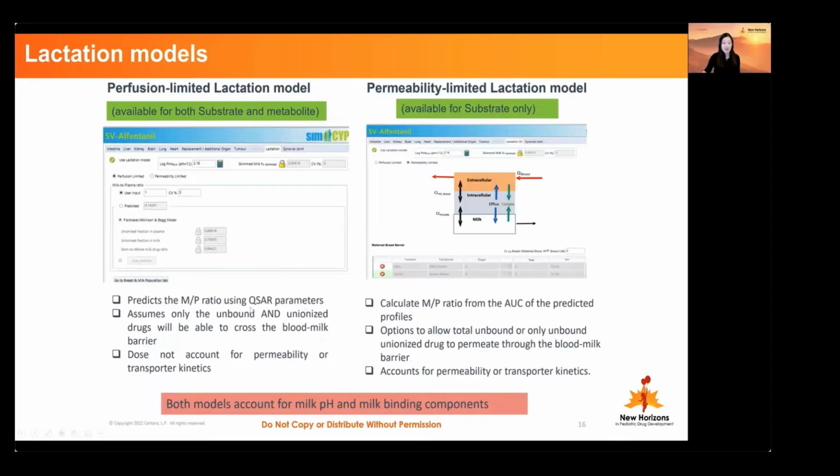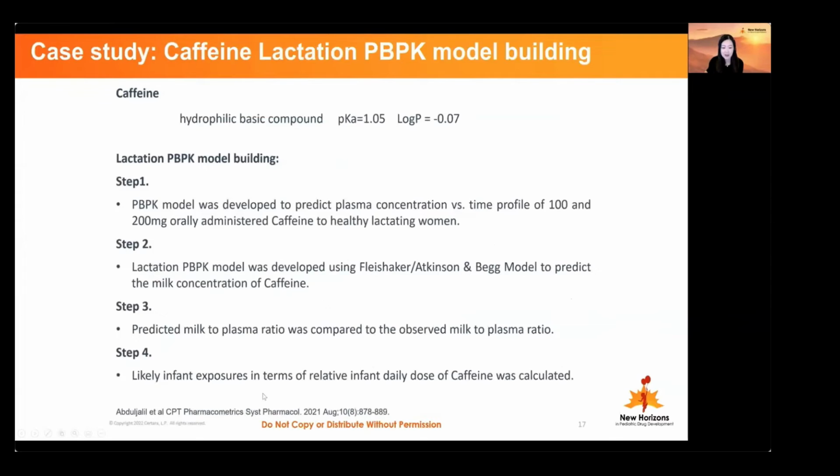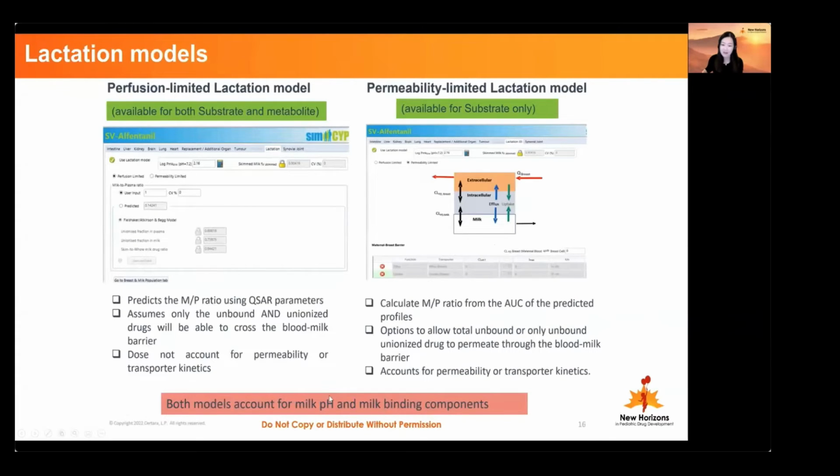It uses an empirical Q-cell model to predict the milk to plasma ratio. So this type of model does not account for low permeability of the drug or any transport kinetics. And if these are of concern for your drug of interest, then you can use the permeability limited lactation model, which then allows you to define different transport and passive diffusion processes. Both models account for the milk pH effect and binding to different milk components.